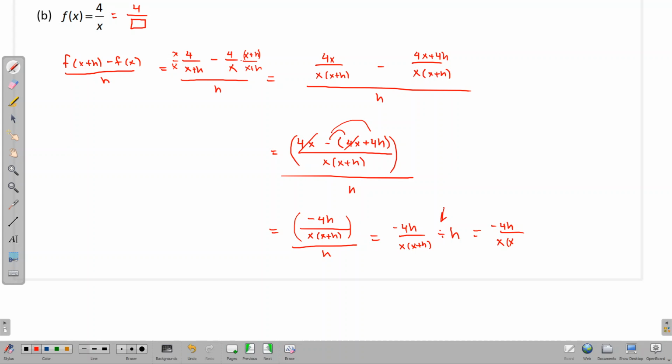We're going to keep this the same, change that to multiplication, and multiply by a reciprocal. Division is multiplication of a reciprocal. And when we multiply fractions, we multiply them straight across, so numerators get multiplied and denominators get multiplied. So what ends up happening back here is this h really just ends up in the denominator. We can see that right here. When we multiply across, the h is just going to end up in the denominator.